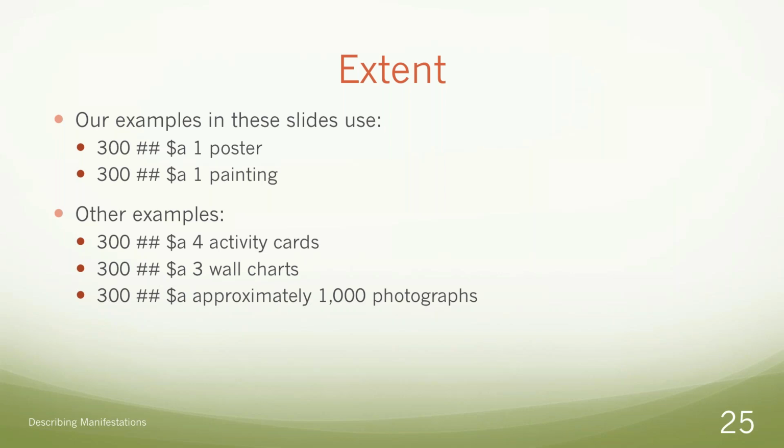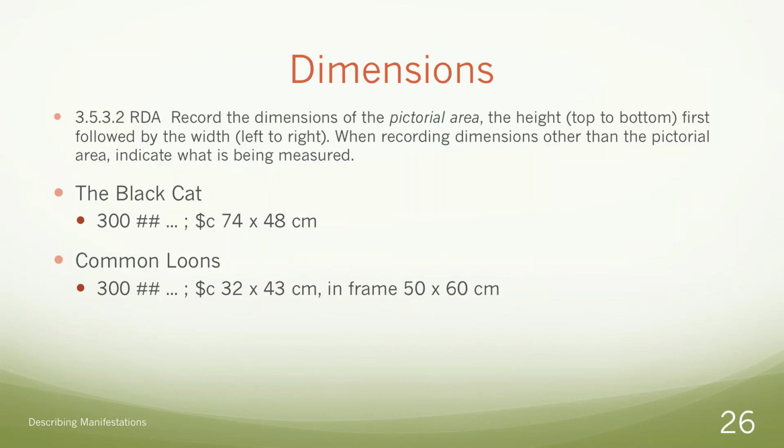Dimensions. So when you record the dimensions, you're recording the pictorial area. So the height from top to bottom, when you look at it in reading position, followed by the width left to right. So when we talk about the pictorial area, that means, for example, with the common loon painting, what we are measuring is the part that is inside the frame, not the frame itself.